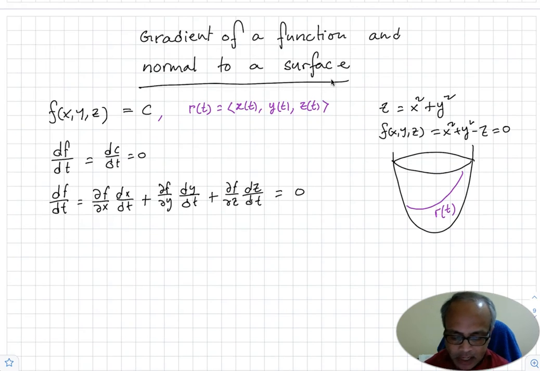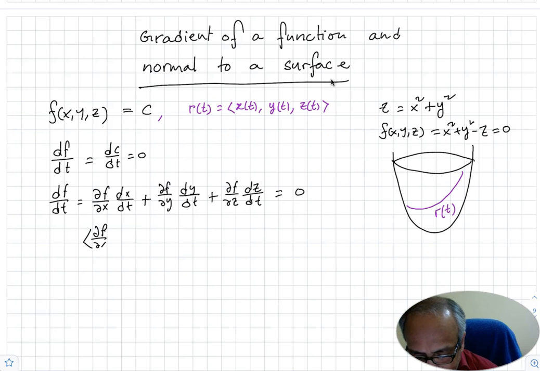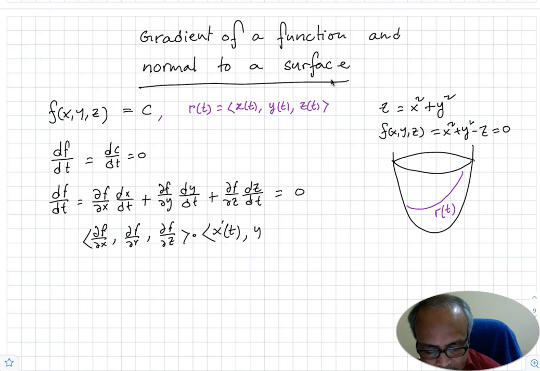Okay, now by looking at this we can see that this can be expressed as a dot product: partial f partial x, comma, partial f partial y, comma, partial f partial z, dot x prime of t, y prime of t, z prime of t, equals 0.